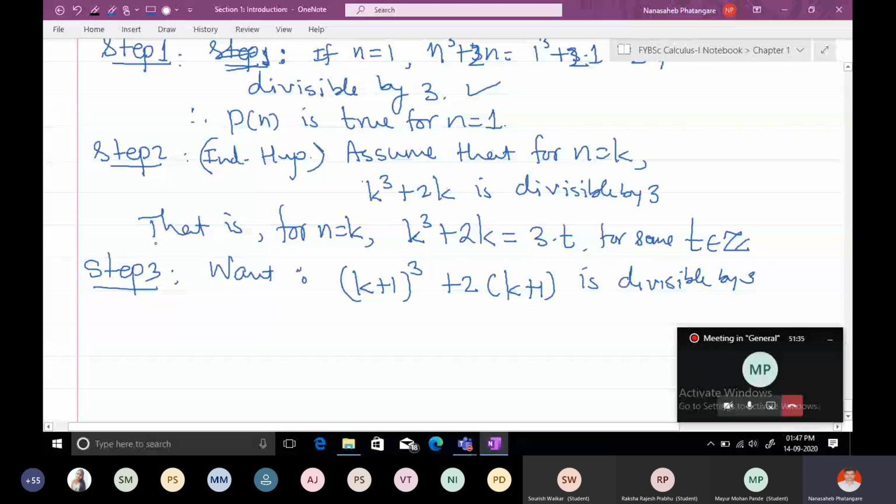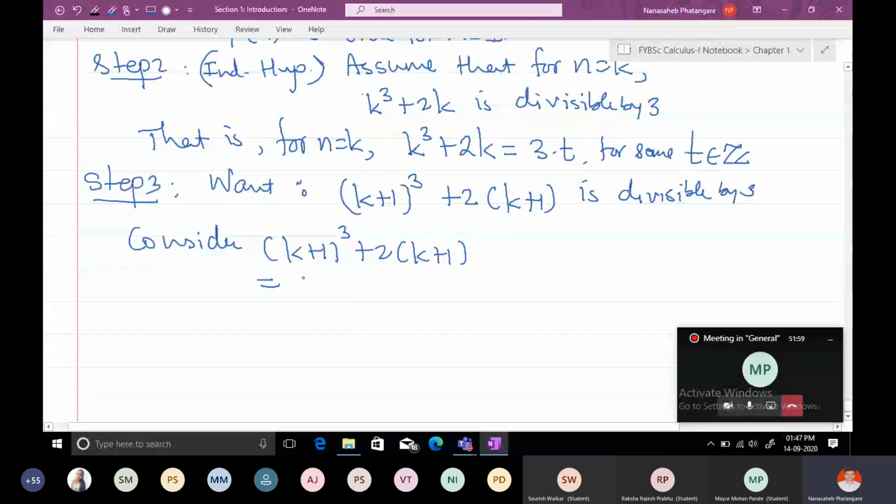So consider (k plus 1) raised to 3 plus 2 times (k plus 1). Now expand this bracket, and all of you know how to expand. k cube plus 3k square plus 3k plus 1. So the first bracket I have expanded in this way, and the second bracket is 2k plus 2. Am I right?